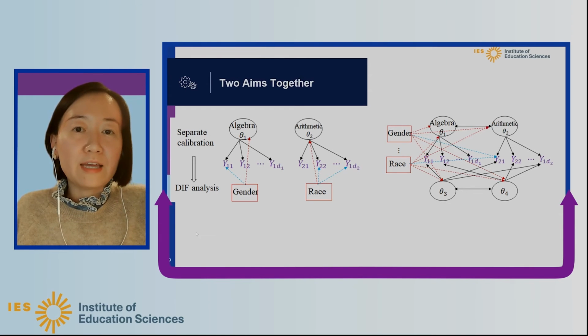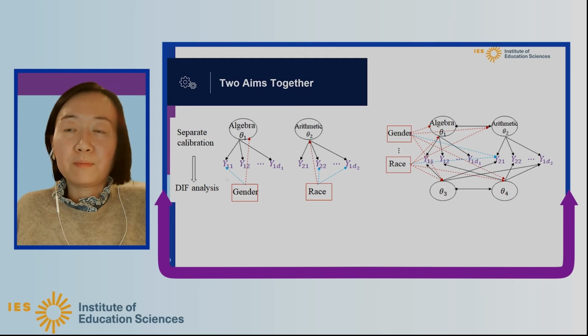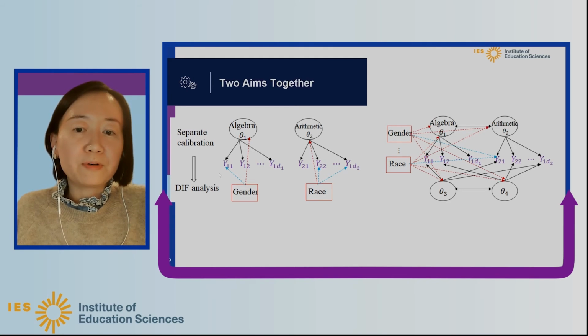The red dashed line represents the population distribution varied by group, and the blue dashed line represents DIF caused by respective grouping variables. As shown, the traditional approaches would analyze each subset of items measuring a unidimensional construct separately, and also treat each grouping variable affecting theta distribution and item responses separately.